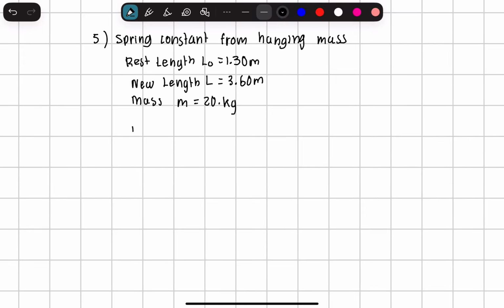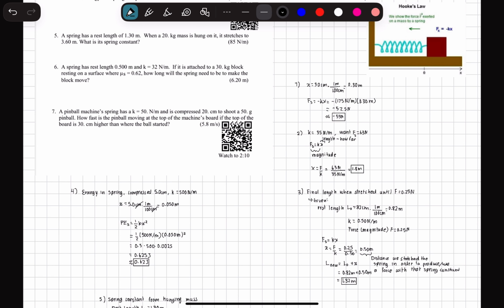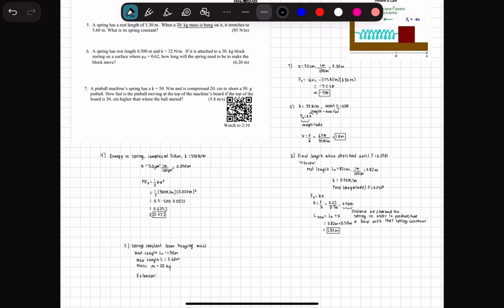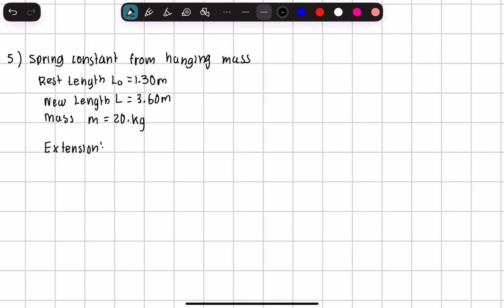Because the spring was at an extension, reading up here, when the 20 kilogram mass is hung on it, it's stretched to this. So that's what it is when it's extended. So L is going to equal L initial plus X. But we just want X, right?